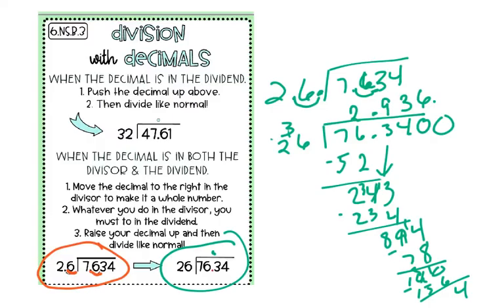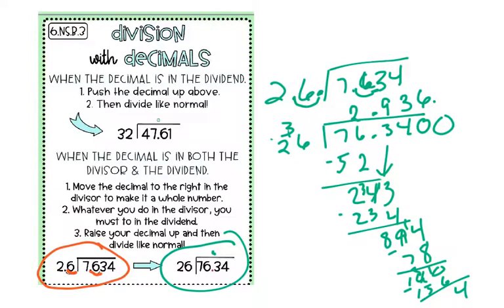Okay. 26 goes into 40 one time. 40 minus 26 is 14. It's just going to repeat from there.